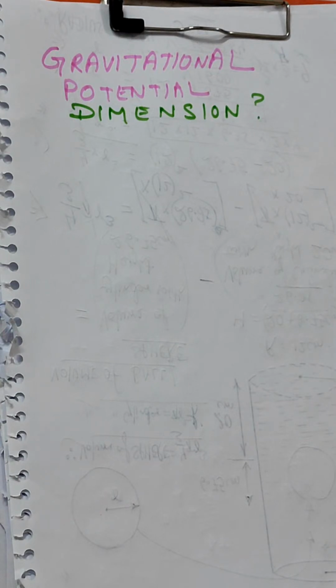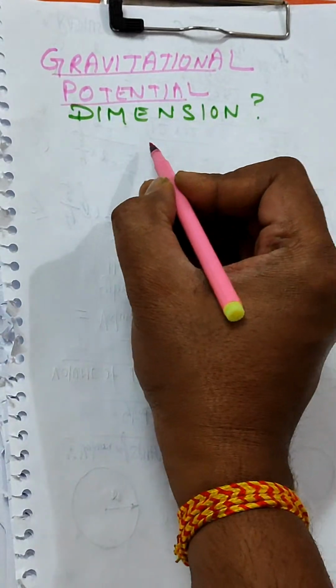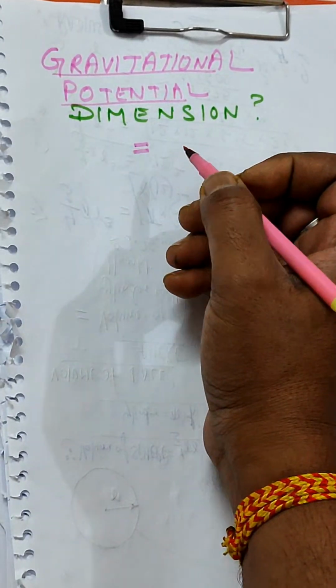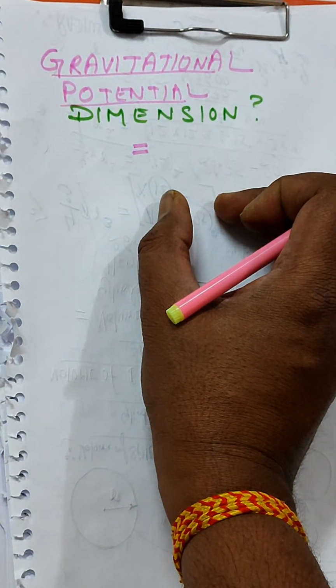What is the definition of gravitational potential? As per the definition, gravitational potential can be written as the gravitational potential energy by mass.